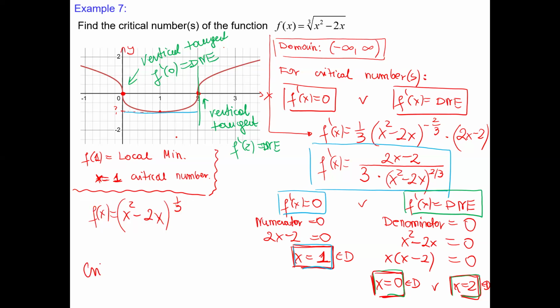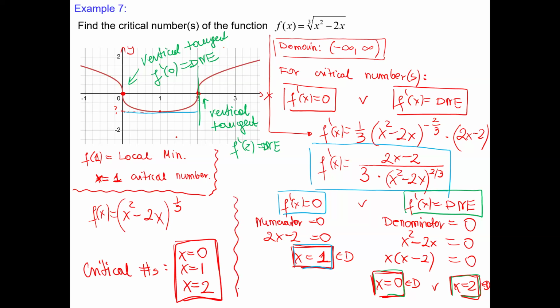Let's put the final answer. Critical numbers are x equals 0, x equals 1, x equals 2. Beautiful. That's the way to solve a question like this, finding critical numbers.